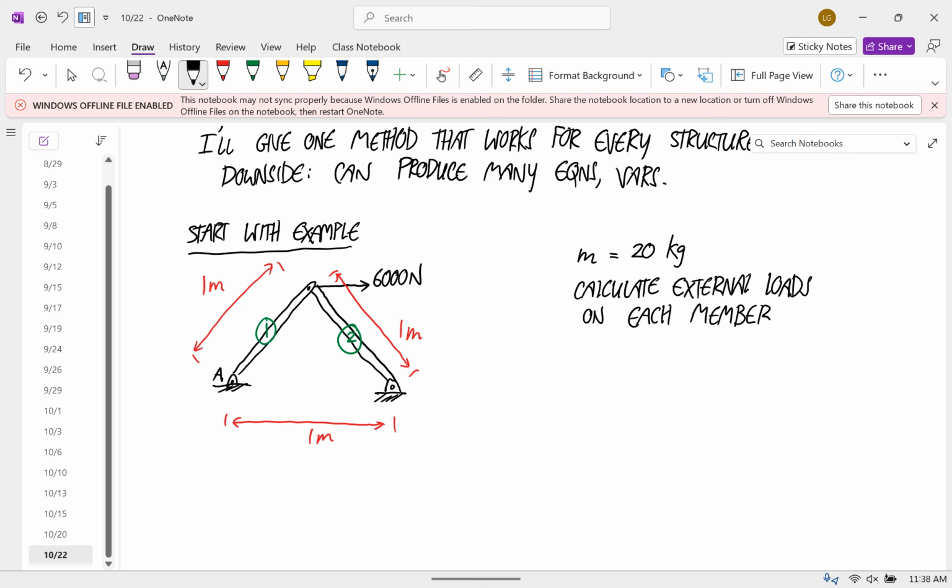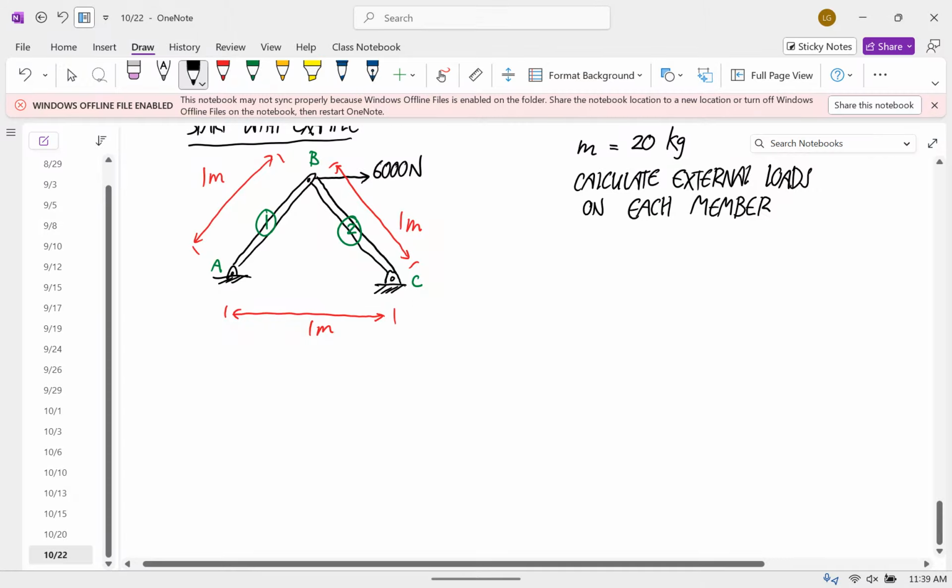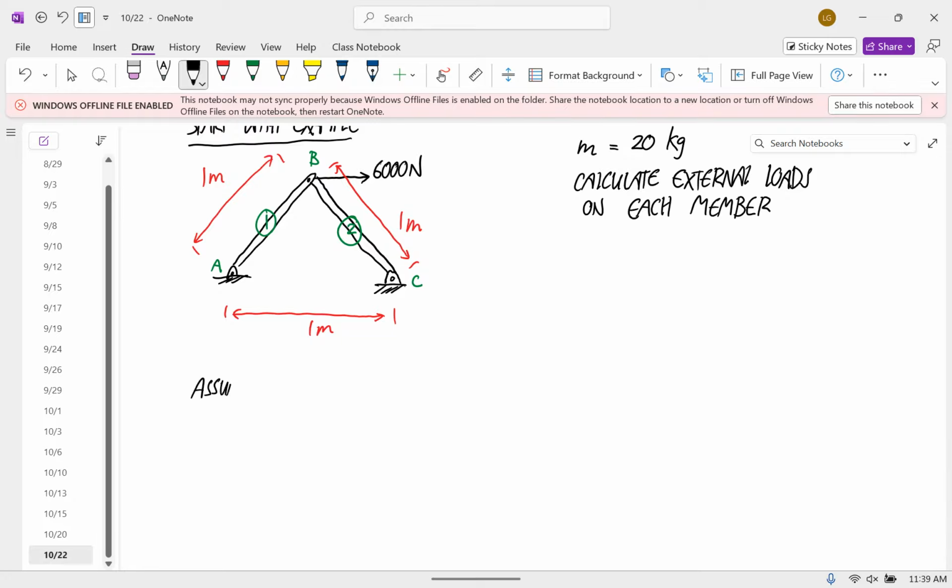I'll call this pin A, pin B and pin C. And I'm going to assume that at each pin, the members touch the pin, but they don't touch each other.